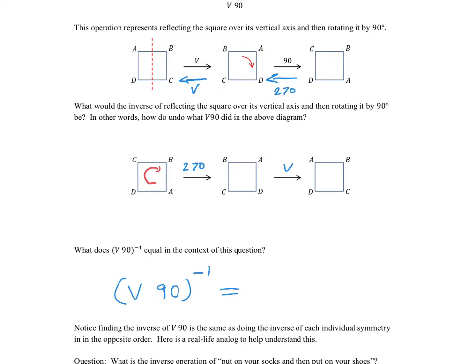And then what's on the right-hand side flipped with what's on the left-hand side, and we've performed our V to get back to where we started. So in algebraic notation, the inverse of V90 is 270 and then do a V.